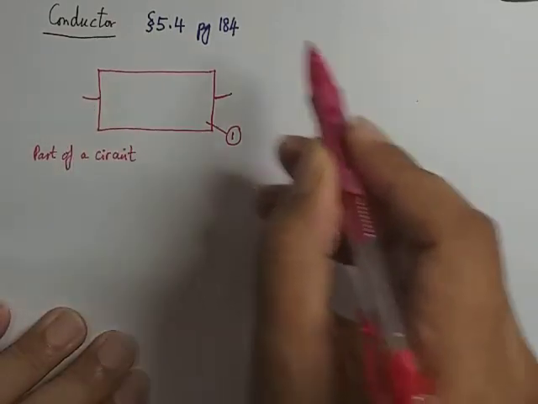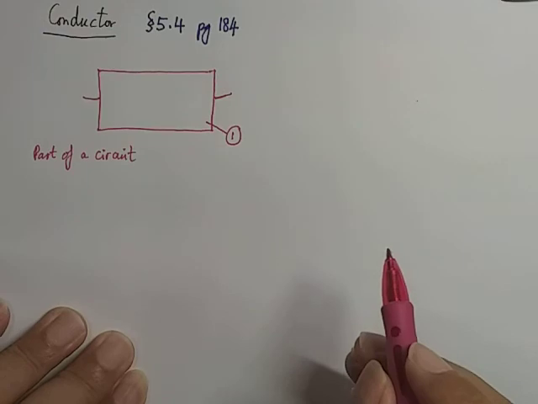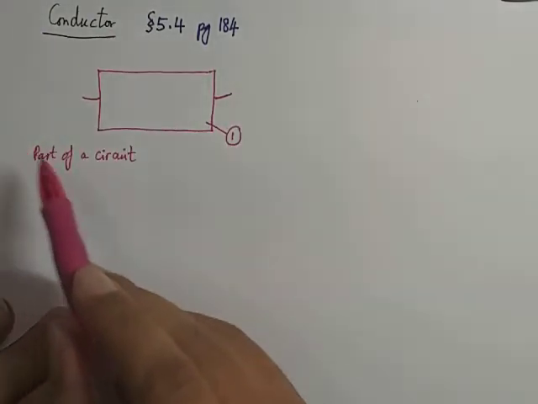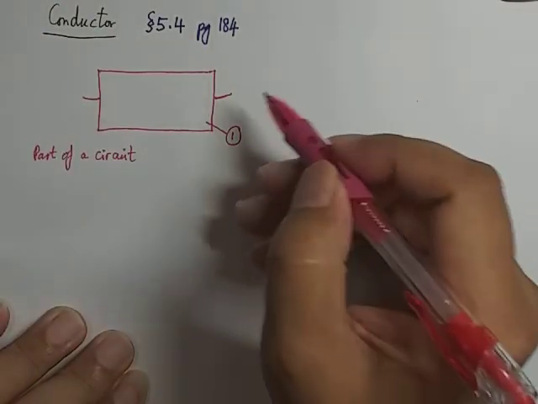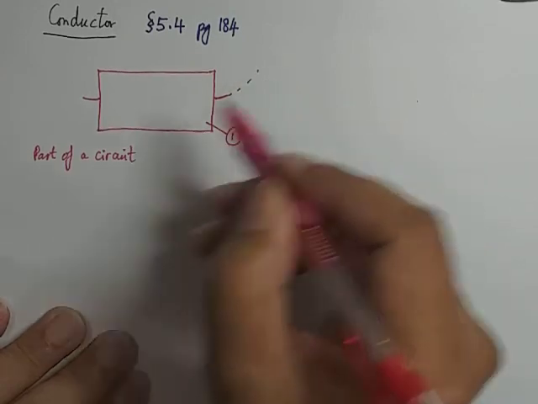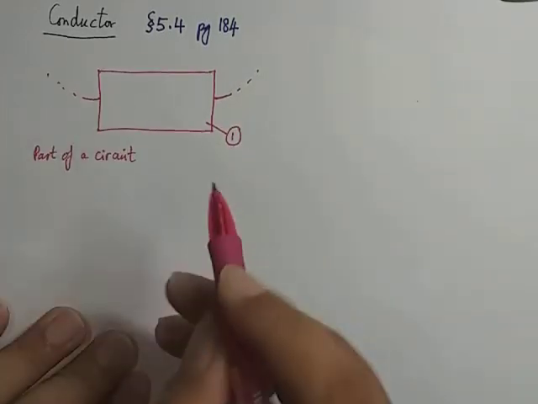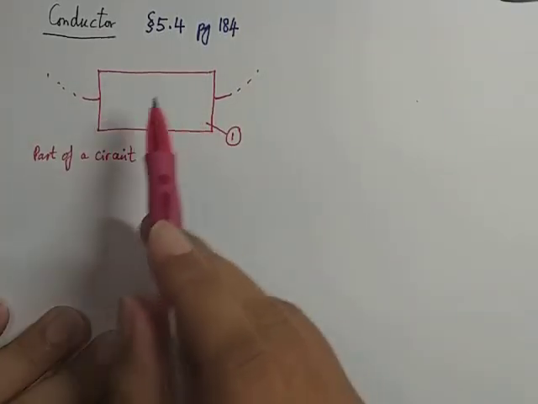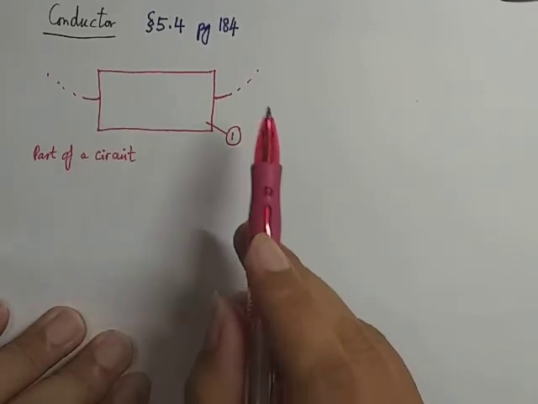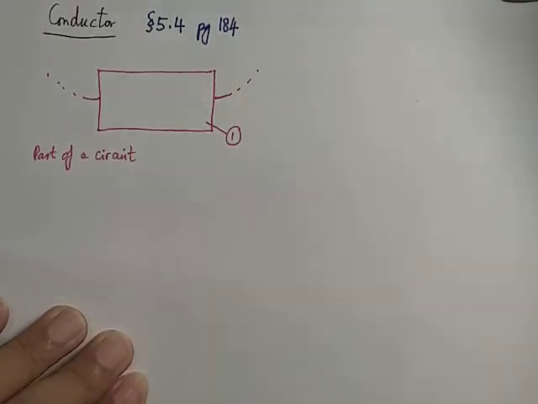So it's an actual part of a complete circuit. That's what we try to imagine now. I'm going to draw a dotted line here to indicate to myself that the material of discussion here is part of a circuit. So that's done.